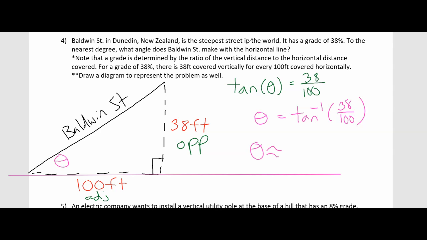If you punch the inverse tan of 38 over 100 into your calculator, and these would never be something you would be expected to memorize, by the way, theta is approximately equal to 20.8 degrees, but we are rounding to the nearest degree, so we would get 21 degrees.